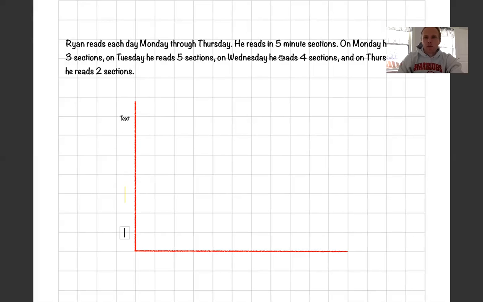I'm gonna label these. We found out that each one's in a 5-minute section, so I'm pretty confident that I could go like 5, 10, 15, 20, 25, and I think I'll be safe if I just do one more.